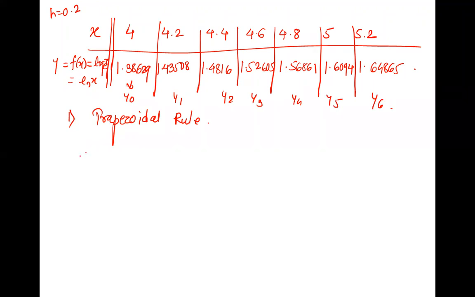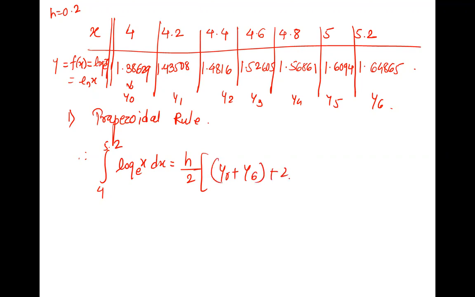So therefore, integration 4 to 5.2 log x to the base e is, what is the formula? h by 2, y0 plus y6, plus 2 times y1 plus all the remaining, y2, y3, y4, y5. Put the values. What is h? h is 0.2. So 0.2 by 2.